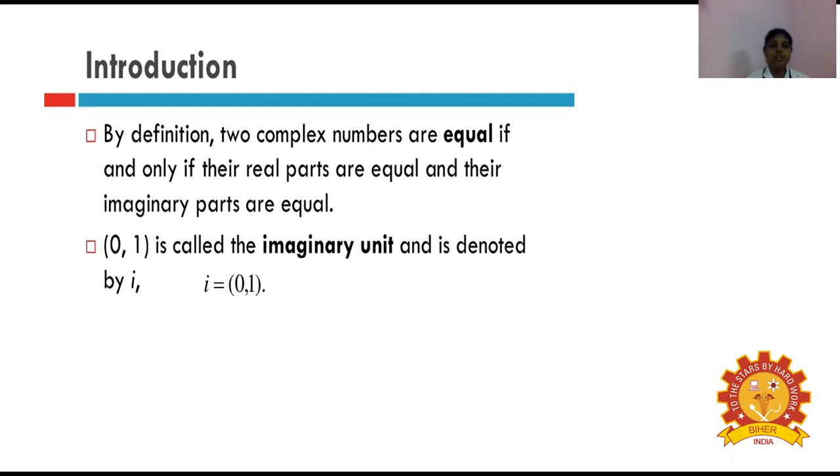By definition, two complex numbers are equal if and only if their real parts are equal and their imaginary parts are equal. (0, 1) is called the imaginary unit and it is denoted by i. We can write it as i equal to (0, 1).